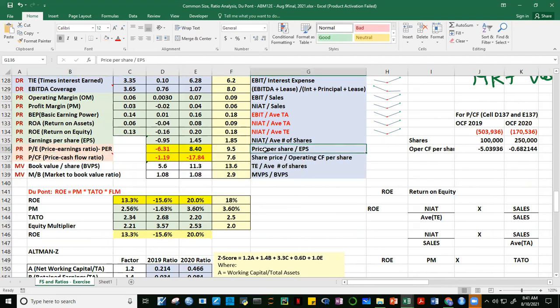Ang formula, price per share, okay? Or share price lang yan. Pareho lang yung ano dito, ha? So ipareho ko na lang para hindi tayo malito, no? Control C. Share price.